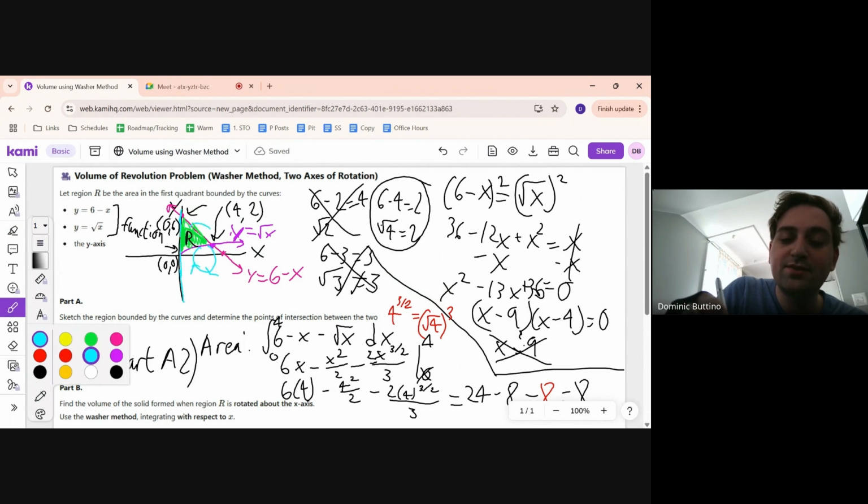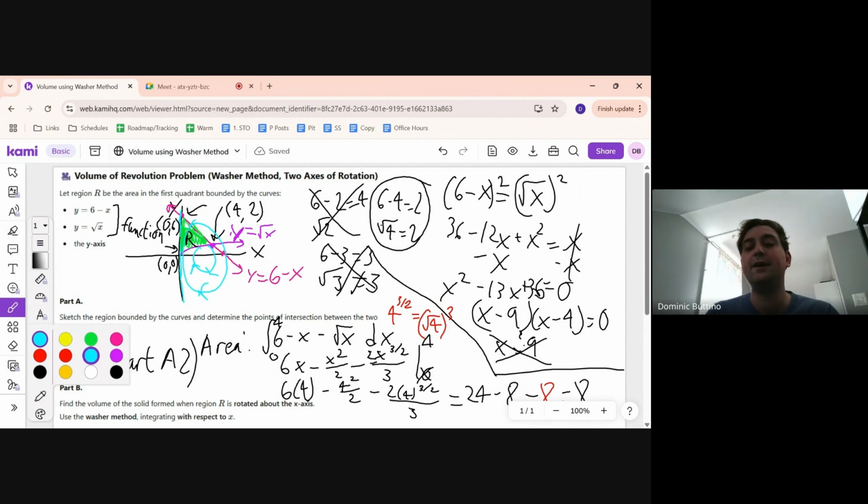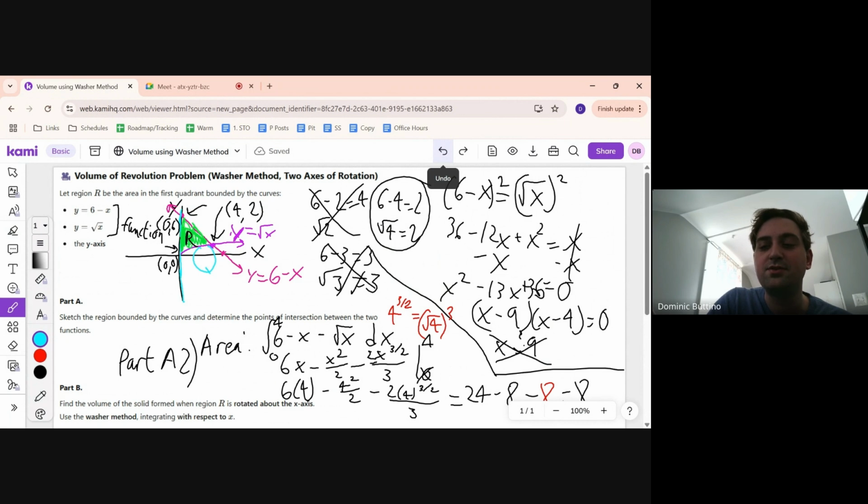We're going to take this whole thing and wrap it around the x-axis. The proper way to approach this is to look at the pink line because that one's on top, and then subtract the purple function that's on the bottom. You want to find the volume of both. I'm going to erase that so we can doodle on it more later.